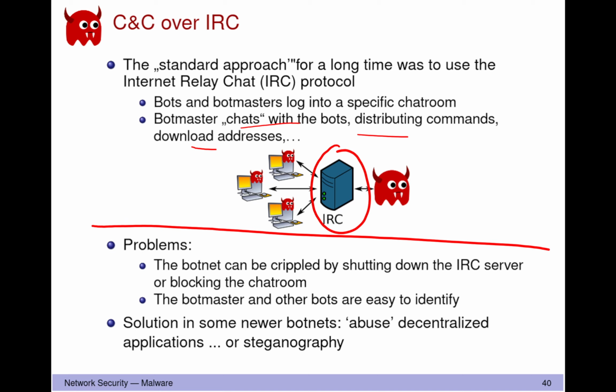Decentralized applications. This is always some way that circumvents censorship. In this case, it would be, of course, good to censor the botmaster, but in other aspects, censorship is maybe not good. So there are decentralized approaches where you do not have a single point of failure.